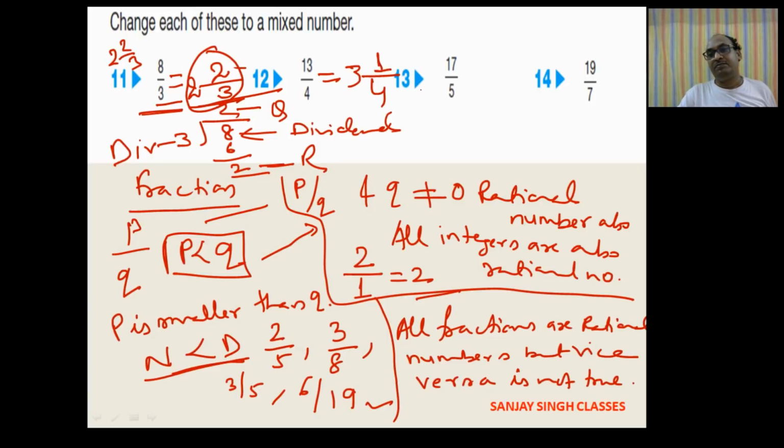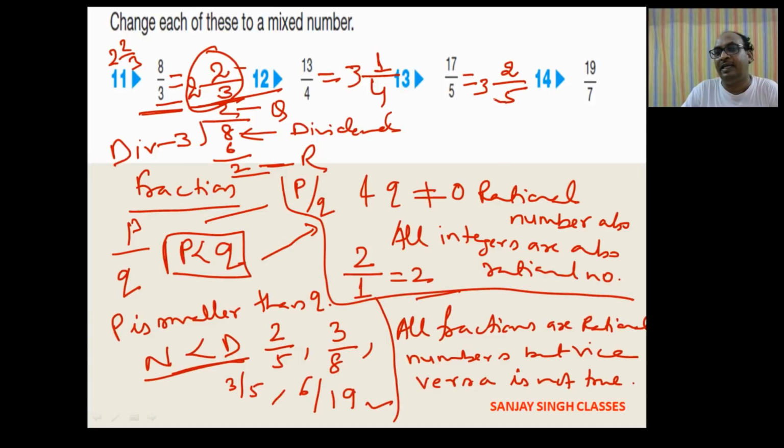Then further, 17 by 5: in the denominator 5 only will be there, and 3 will be the quotient. Why? Because 5 threes are 15, plus 2 is 17.